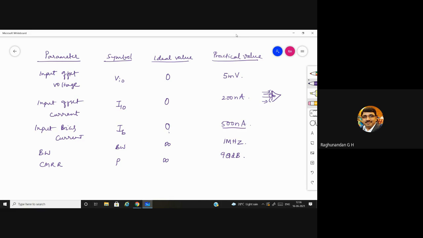And one more thing, all these values are with respect to IC μA741, and these values will change with respect to other ICs. It is not for all ICs.